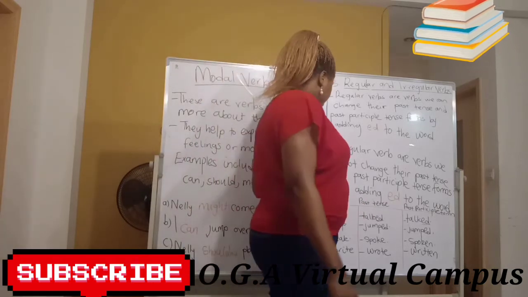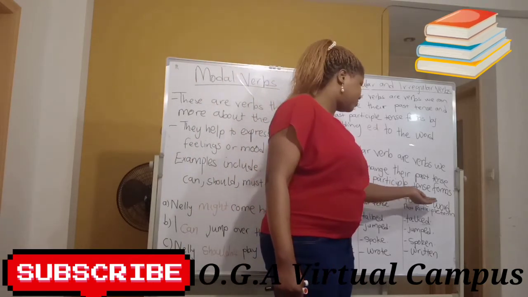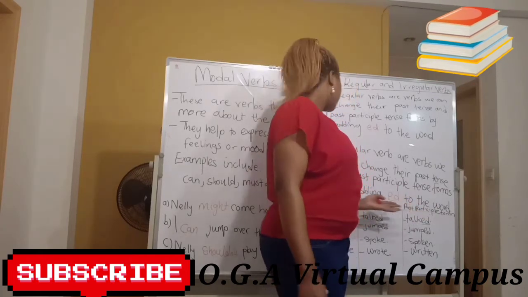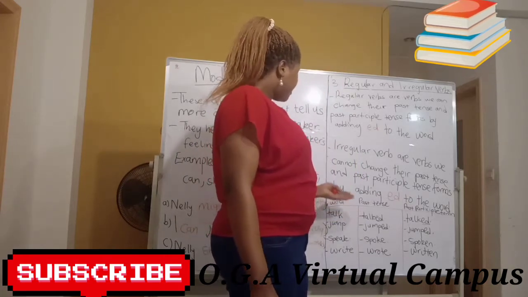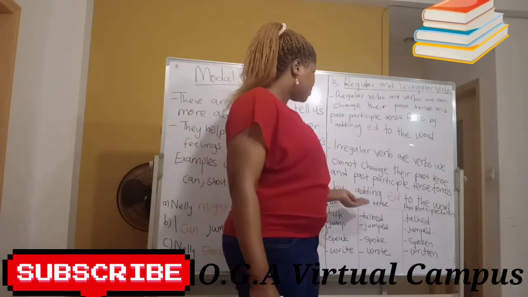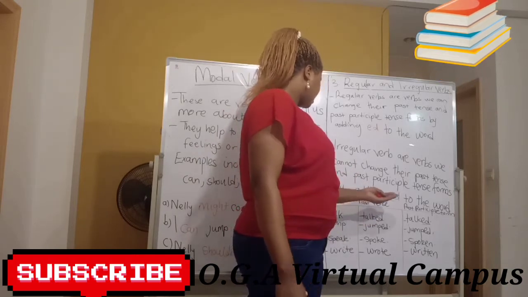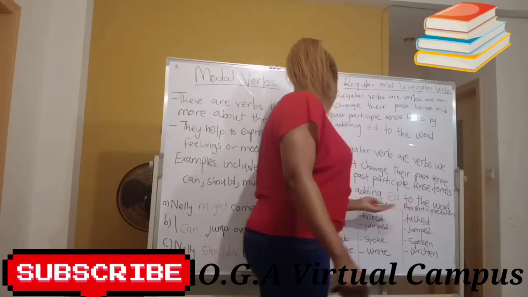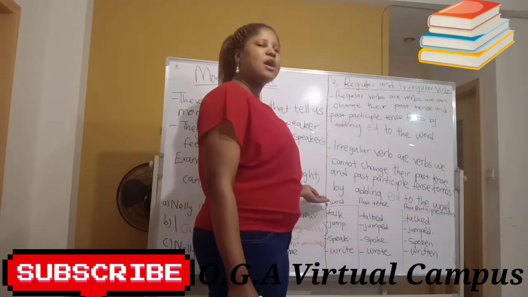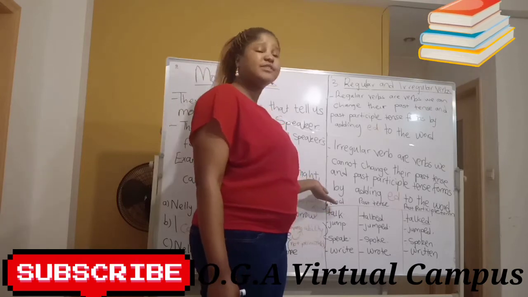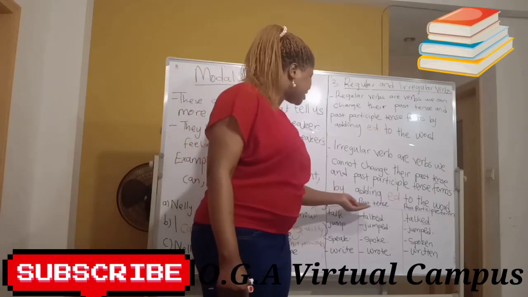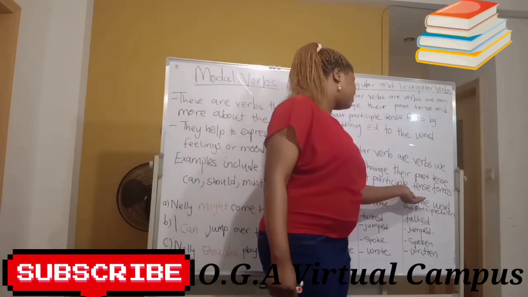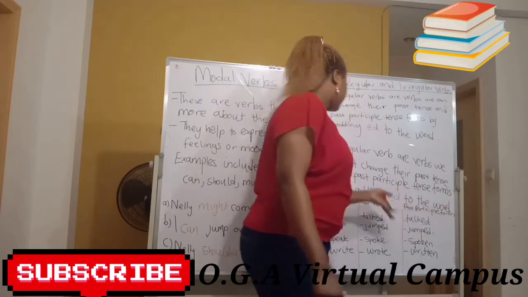For us to change talk to a past participle form, we add ed to make it talked. So, in the past tense form it is talked, and in the past participle form it is talked as well. So, talk is a regular verb because we just add ed to make it past tense and past participle tense or form.